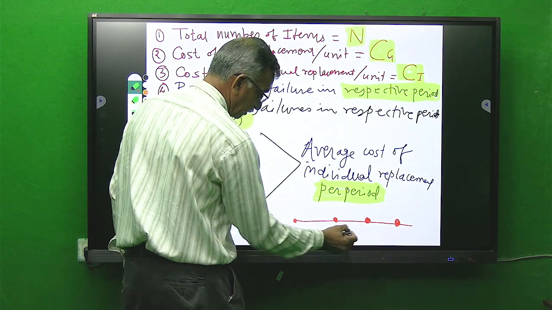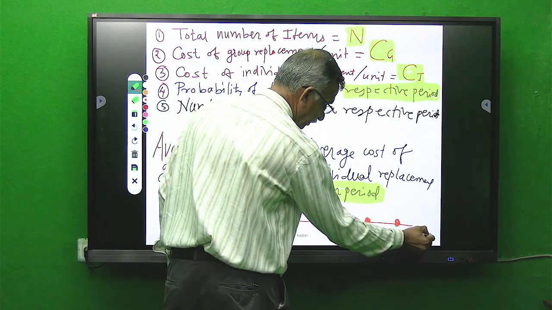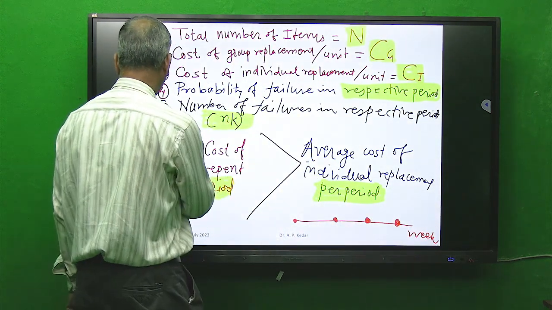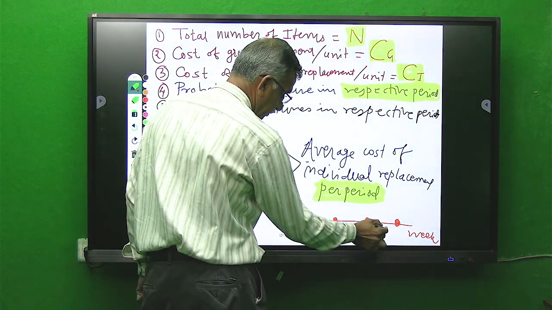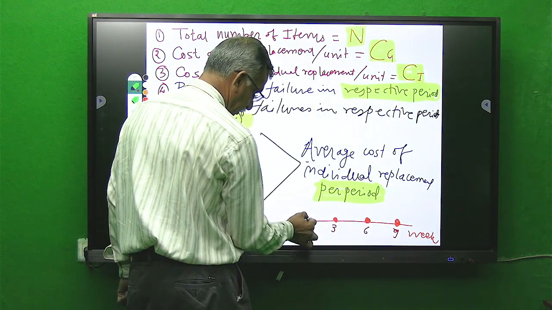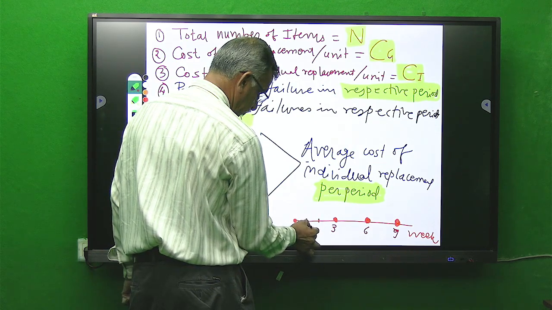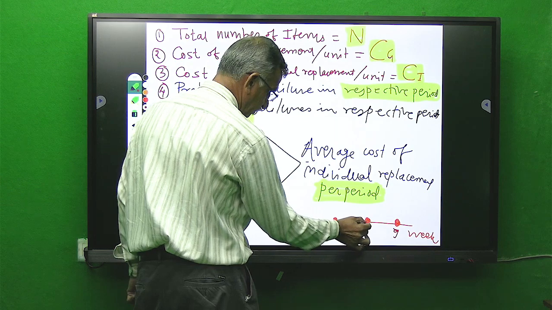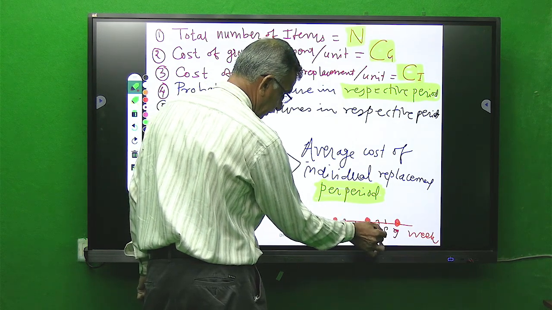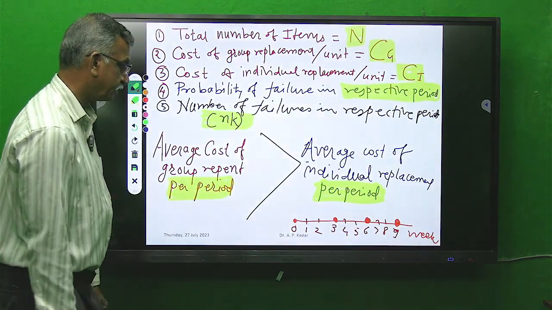Suppose this is the week data, the week period. So this is 0, 3, 6, 9, and 1, 2, 4, 5, 7, 8. Let me explain it once again.